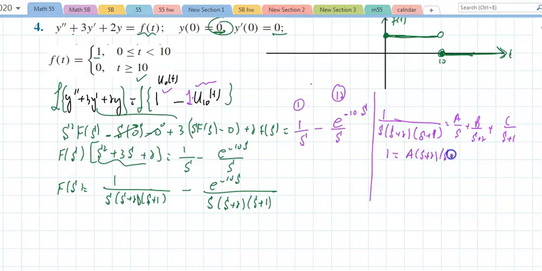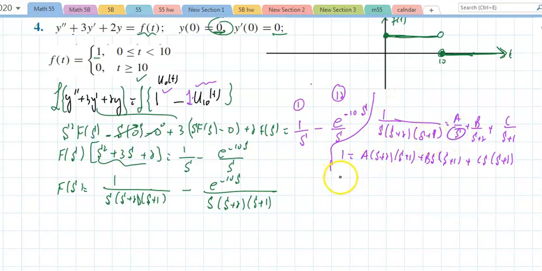I really don't even need to use systems of equations. Plus cs times s plus 1.